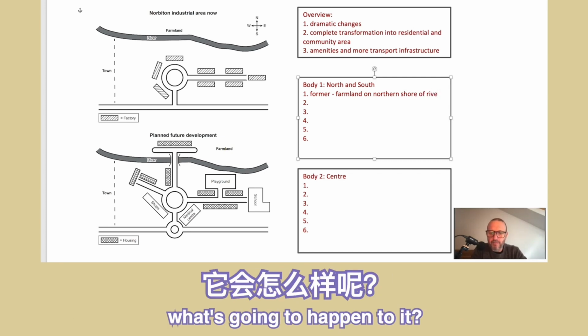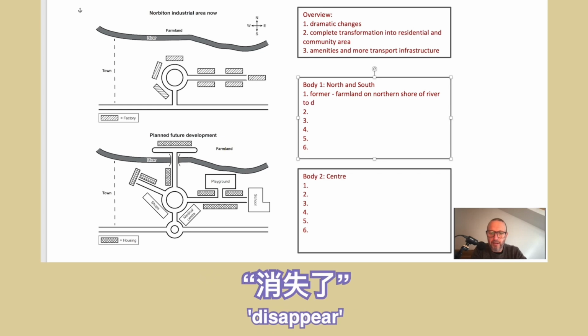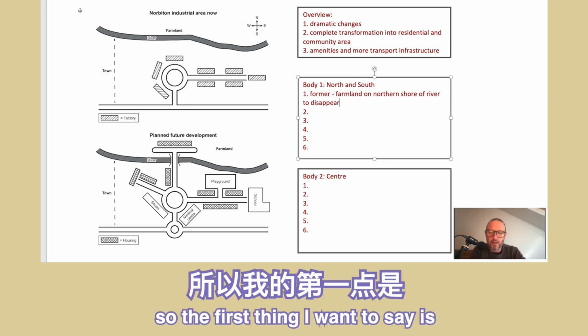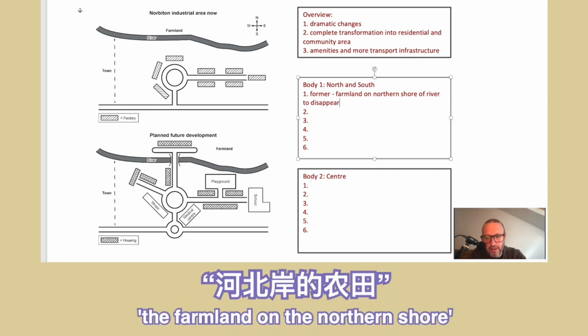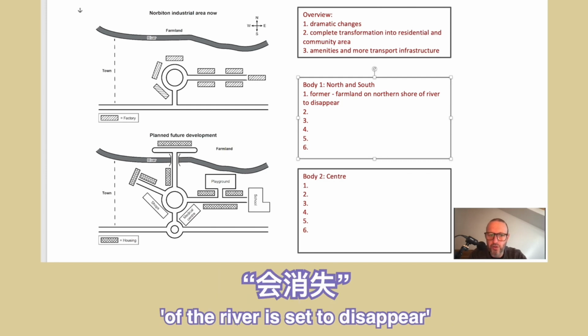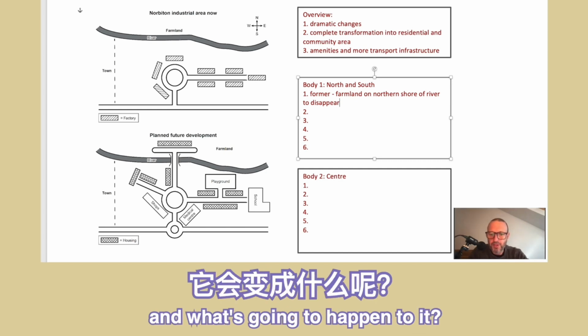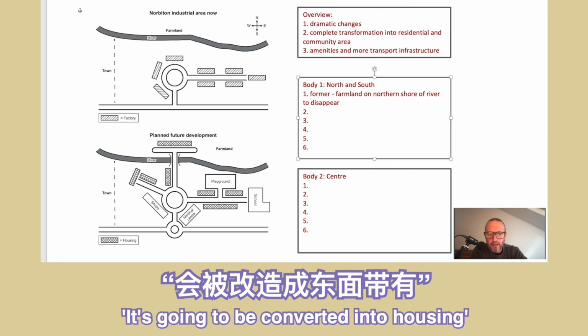What's going to happen to it? Disappear. So the first thing I want to say is the farmland on the northern shore of the river is set to disappear. And what's going to happen to it? It's going to be converted into housing, okay?